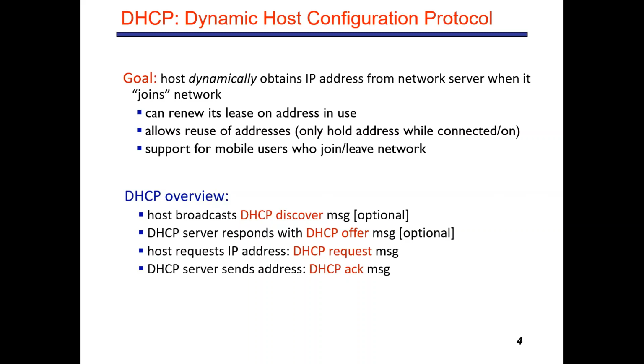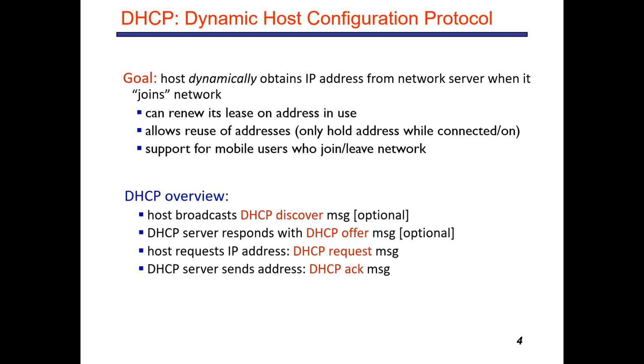Now, DHCP can lease the IP address to the host, and this lease is for a specific time period. After that, when the lease expires, it can automatically renew the lease on that IP address to the host.